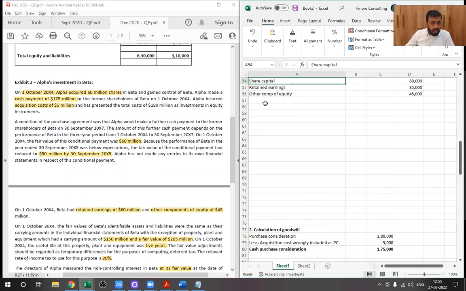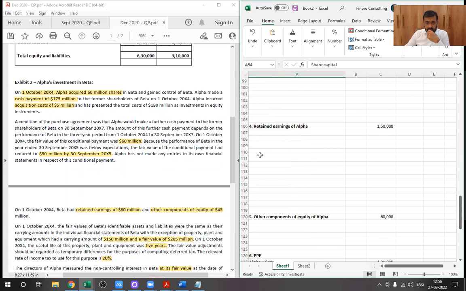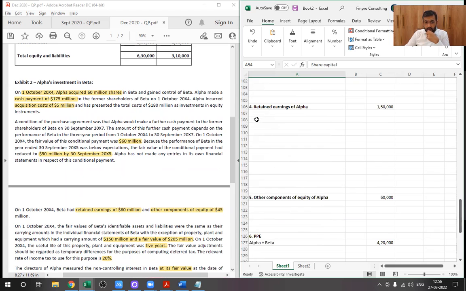So what has happened here for 5 millions? Ideally they should have transferred it to retained earnings, but they have not done it. So I'll have to transfer it to retained earnings. I have a separate working note number 4 for that. Less: correct accounting of transaction cost.